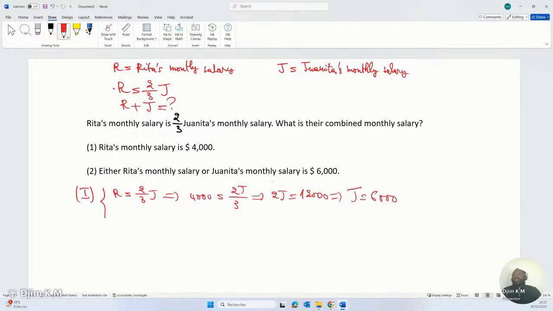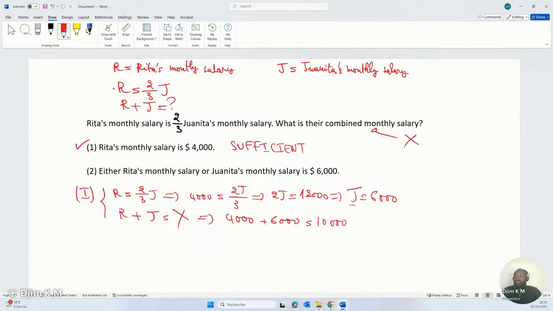Okay, so this can lead us to this equation. X is the combined monthly salary, we can call it X. So the condition tells us that R is equal to 4,000 and we found J, which is equal to 6,000. So the combined is 10,000. So this is sufficient.